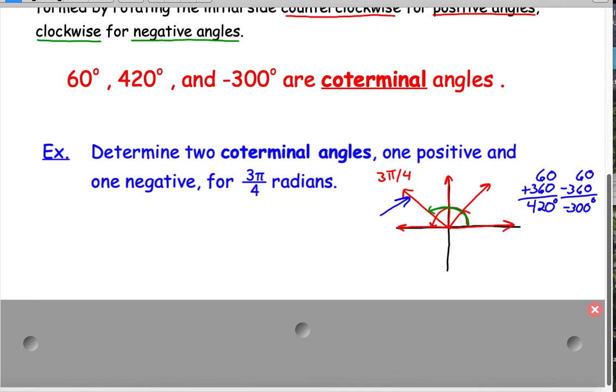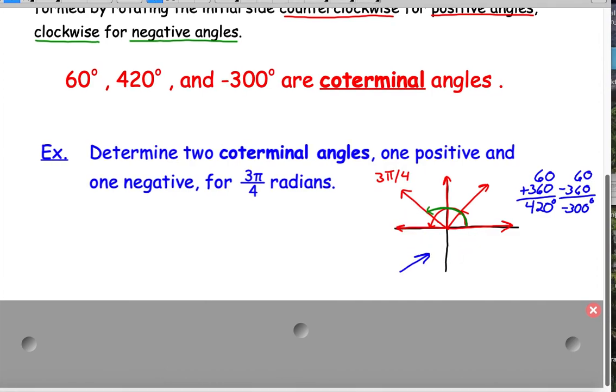Wherever we're at, we're going to want to add one full circle. If it's in degrees, that's 360. If it's in radians, you're going to add 2 pi. And if I want to go the other way, I would subtract a full circle. If you're in degrees, that's subtracting 360. If you're in radians, it's subtracting 2 pi. So it's really quite simple. It takes more time to explain it than actually to do it.